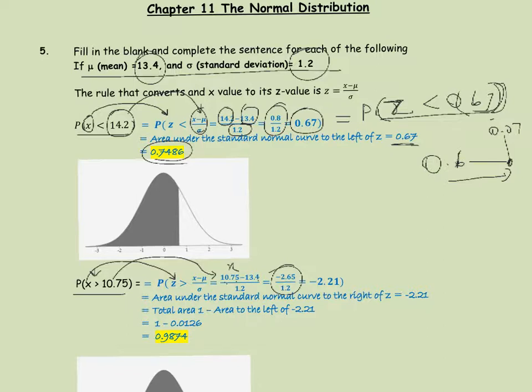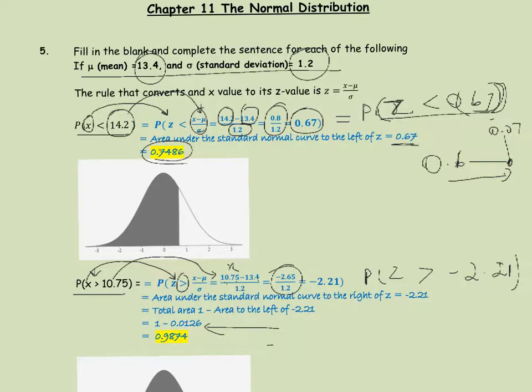So the probability that z is greater than negative 2.21 is the same as the area to the right of negative 2.21. Remember that the table gives us the area to the left of any z value. So the area to the right of it would be just 1 minus the area to the left of it. The area to the left of negative 2.21 is 0.0126.